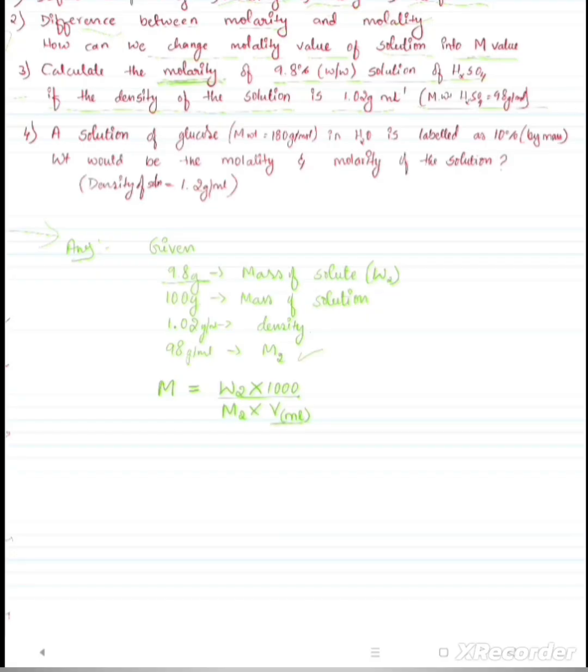We want V, the volume. To calculate the volume, what will you do? V is equal to mass of solution divided by density of solution. Mass of solution is 100, divided by the density of the solution, 1.02.